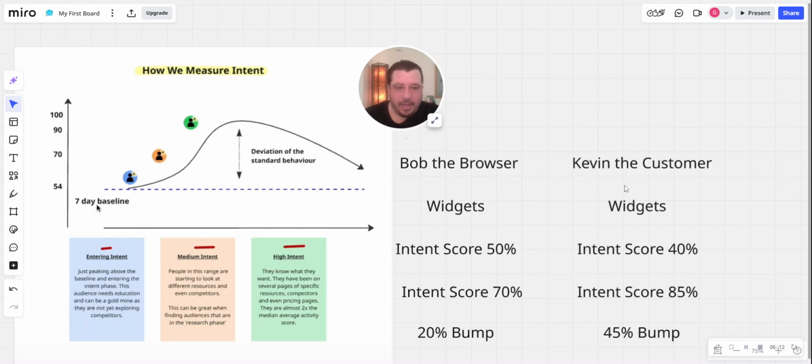Now, Kevin spiked really fast. He went from not being in our audience to automatically in our audience. So this is good for someone who has outreach, you have sales directors, you have reps, you've got email set up, you've got LinkedIn. There's all kinds of different things that we can do to reach each person as they're moving through the intent phase.